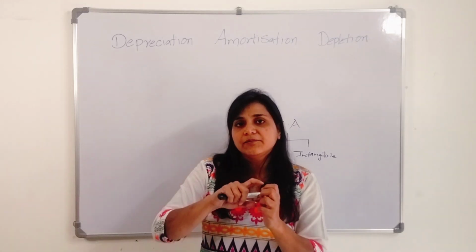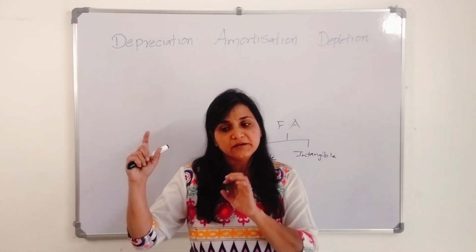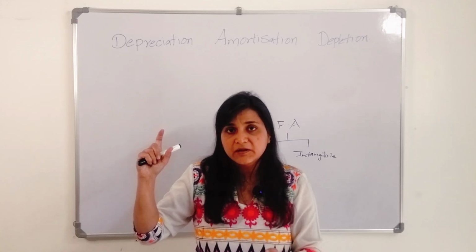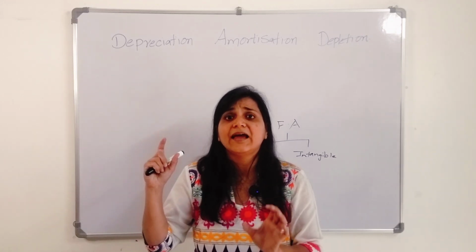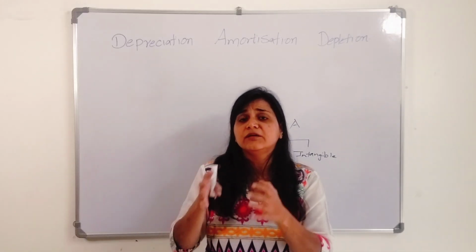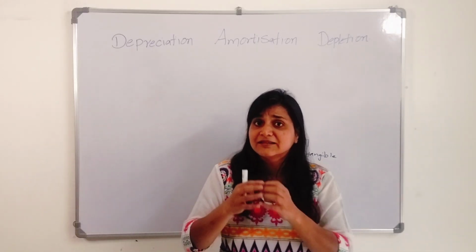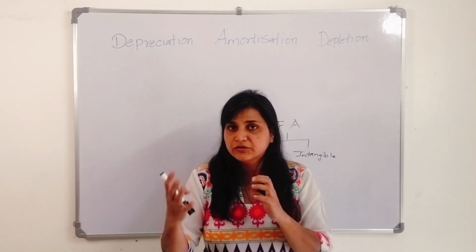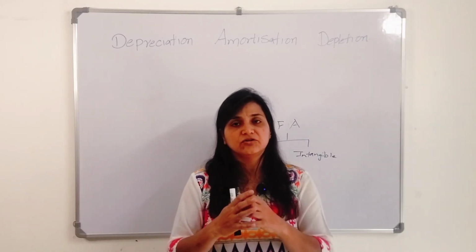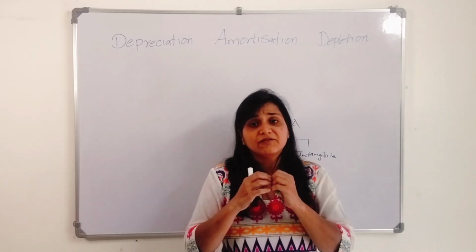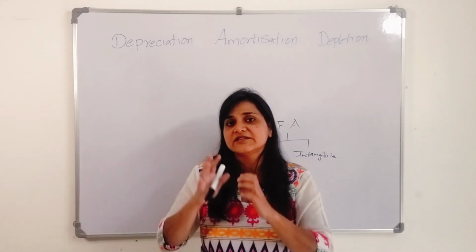So I am capitalizing the whole amount, but a certain amount I need to charge as a revenue expense for that particular year, because that machinery is giving me a benefit in the current year also. If I am manufacturing certain goods in the current year, that gives me a benefit, so I can charge it as an expense.